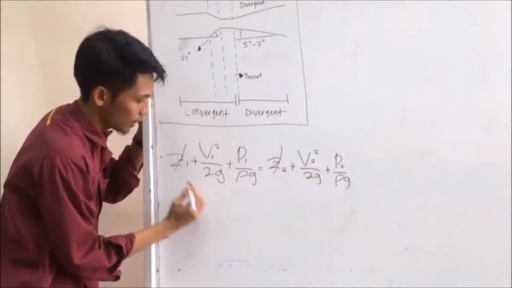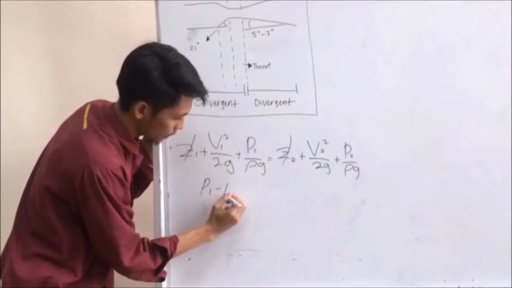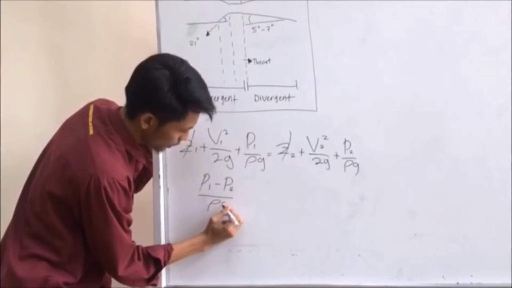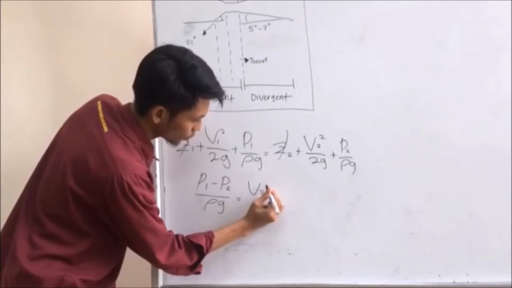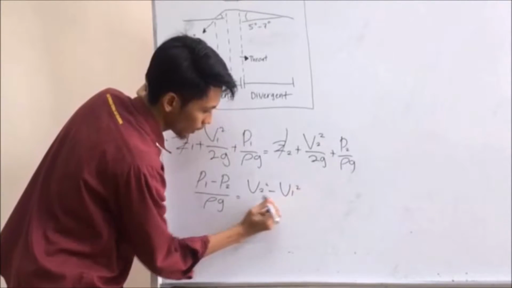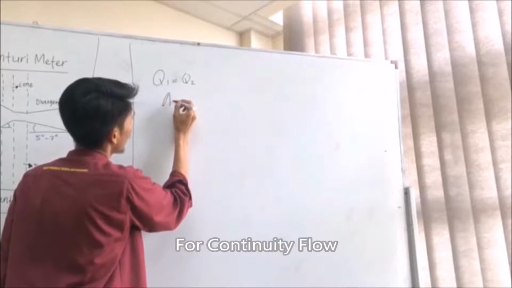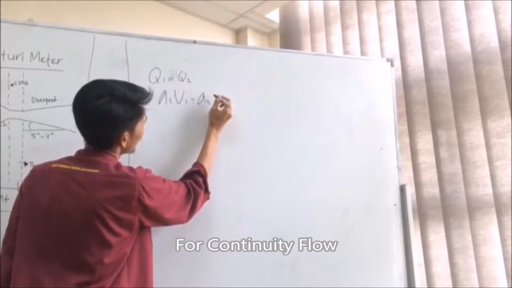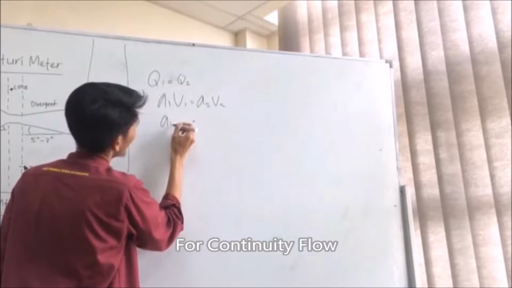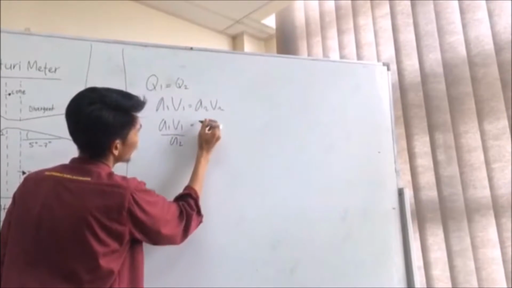We can cancel out Z, and P1 minus P2 over rho g is equal to V2 squared minus V1 squared over 2g. Q1 is equal to Q2, A1 V1 is equal to A2 V2, so A1 V1 over A2 is equal to V2.